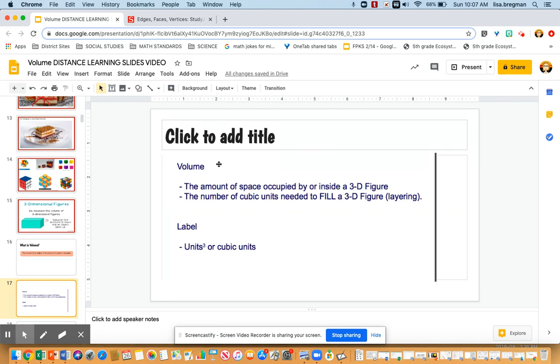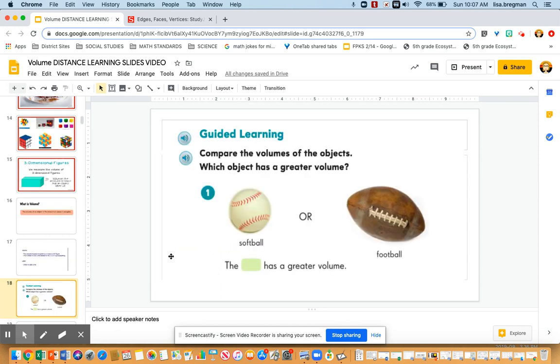When we label, this is important, whenever we measure the volume of a shape, we have to say cubic units, no more square units. That was for two-dimensional. Now it's three. Remember, the exponent three, to the third power, is also called cubed. So now it's cubic units or units cubed.